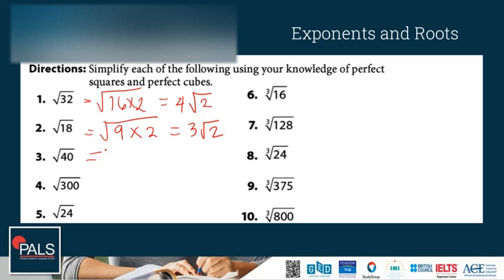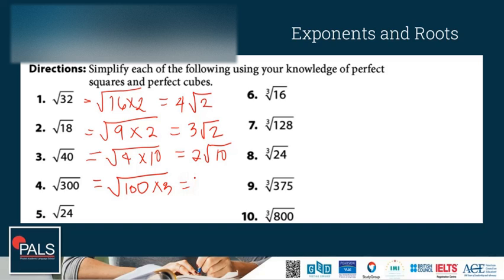Number 3, 40. Square root of 40 is square root of 4 times 10. So the square root of 4 is 2. Then square root of 10. Number 4, 300. Square root of 300 is square root of 100 times 3.